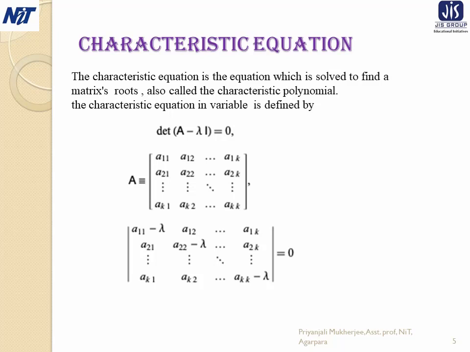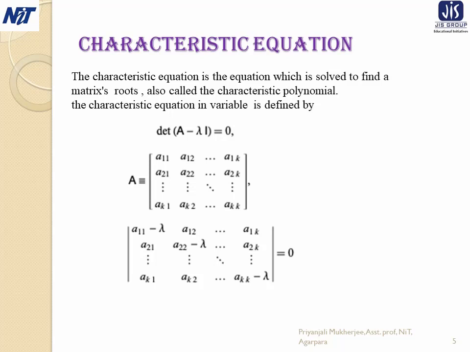So if A is a k by k matrix, then we can write the elements of the A matrix in this manner: a11, a12 up to a1k, and similarly column wise a11, a21 up to ak1. So determinant of A minus lambda I becomes a11 minus lambda, and the diagonal elements are a22 minus lambda up to akk minus lambda, and the remaining elements are the same because I represents the identity matrix.